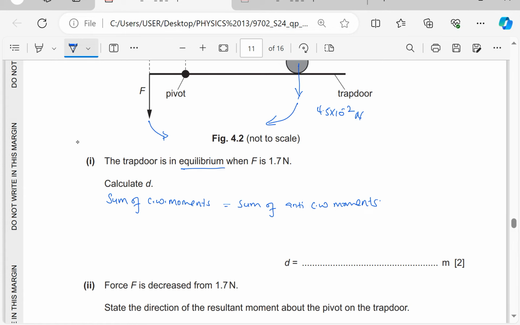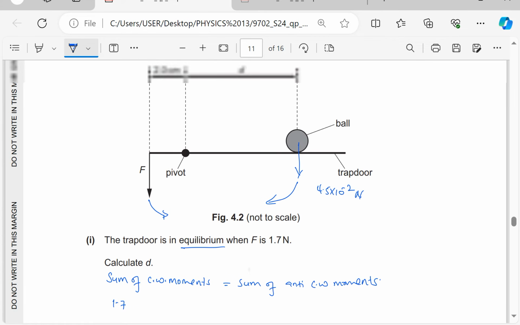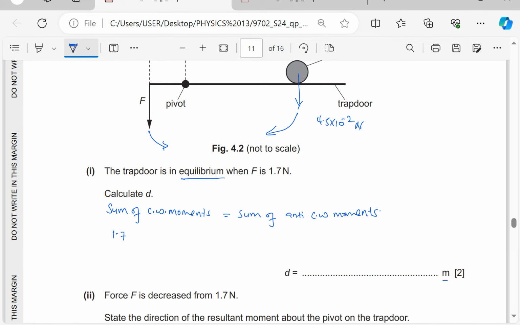I have F, which is 1.7, times the perpendicular distance. Because we want the answer in meters, I will change 2 centimeters to meters. So this will be times 2 times 10 to the power of minus 2, should be equal to the sum of the clockwise moments, which will be the weight, 4.5 times 10 to the power of minus 2, times the perpendicular distance, which is D.